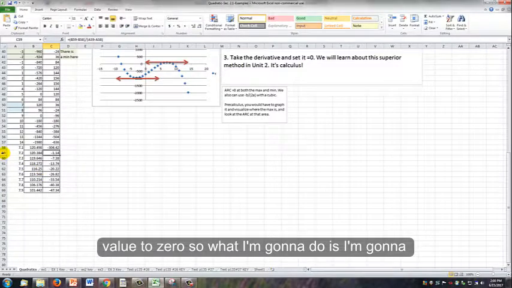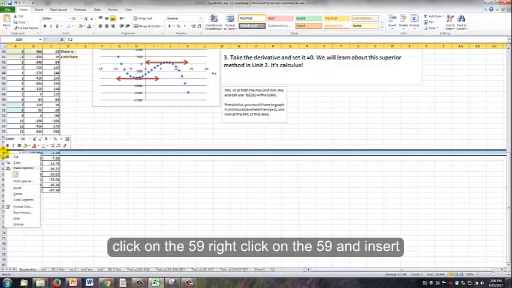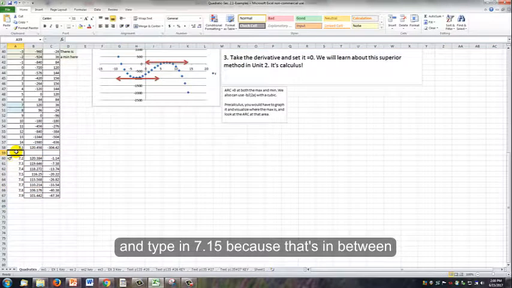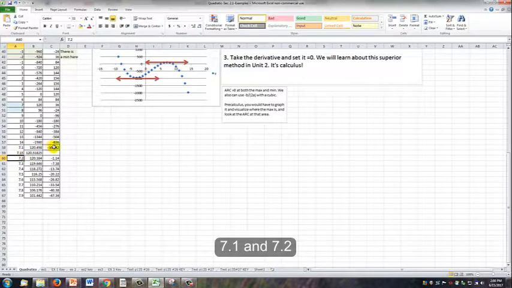So what I'm going to do is click on the 59, right click on the 59 and insert, and type in 7.15 because that's in between 7.1 and 7.2.